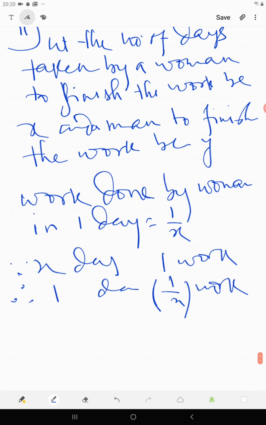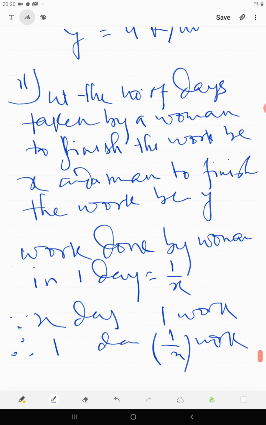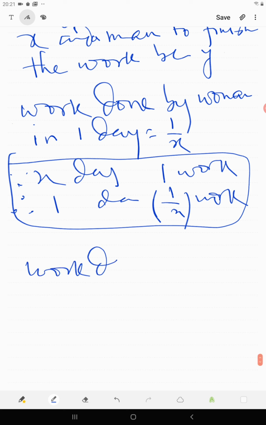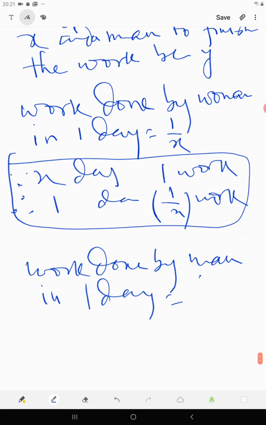This is just for understanding purposes; I did it in the unitary method. Similarly over here I wrote directly, work done by a woman in one day equals 1 by X. Similarly, work done by a man in one day, how much will a man do? 1 by Y, since Y days is one work, so one day it will be 1 by Y work.